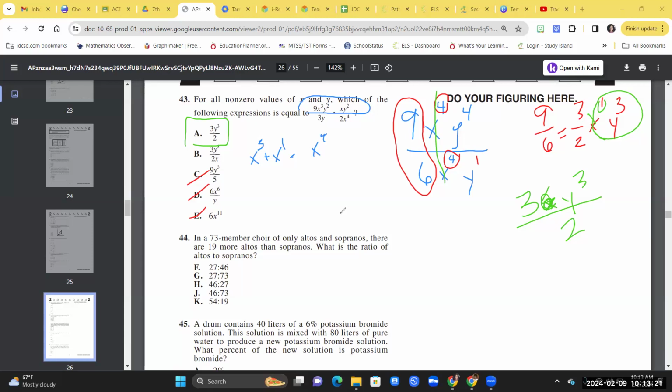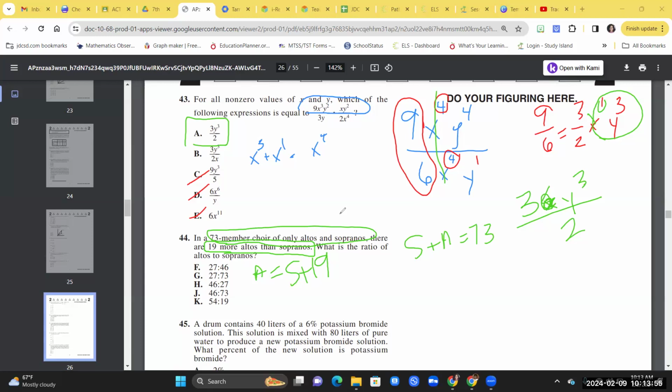All right, 44. A choir of 73 members requires altos and sopranos, with 19 more altos than sopranos. What's the ratio of altos to sopranos? So I'm going to write an equation. We know sopranos and altos is equal to 73. They told us there are 19 more altos than sopranos. So altos is equal to sopranos plus 19.